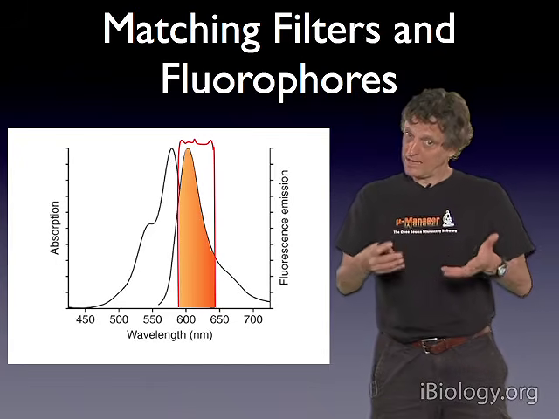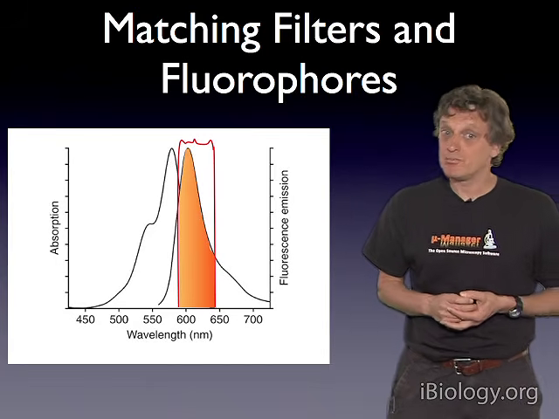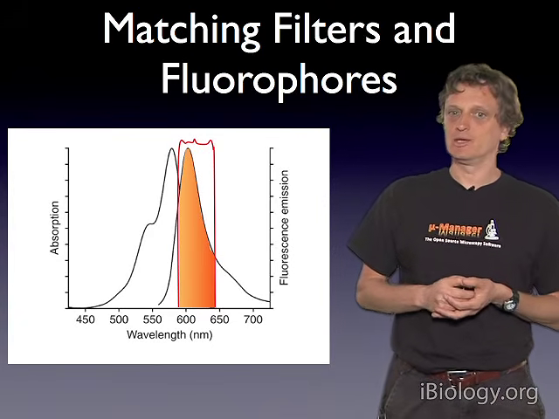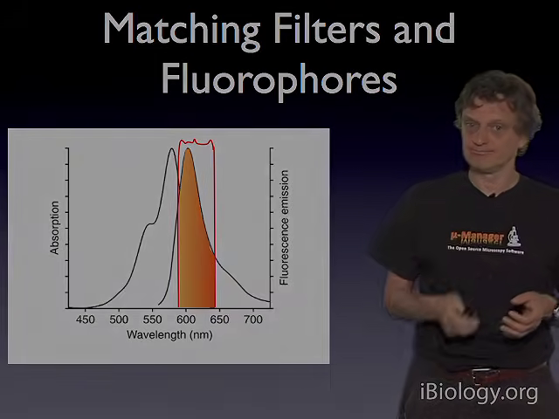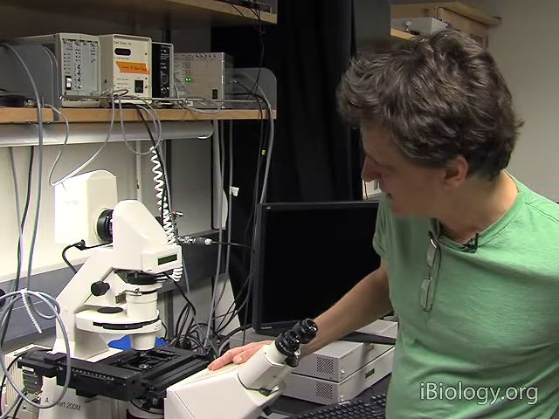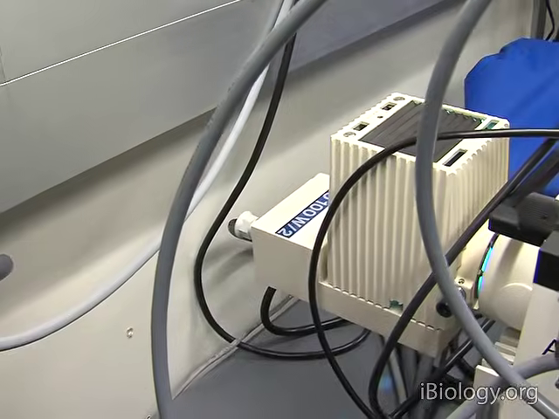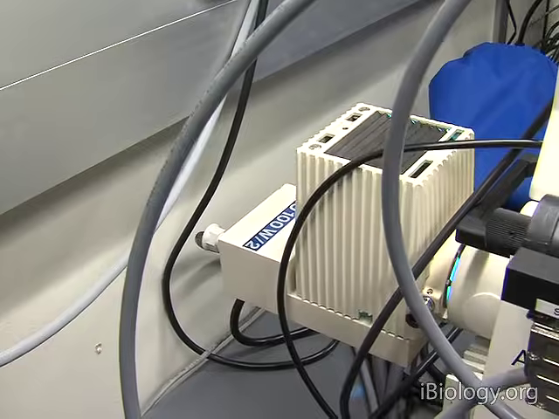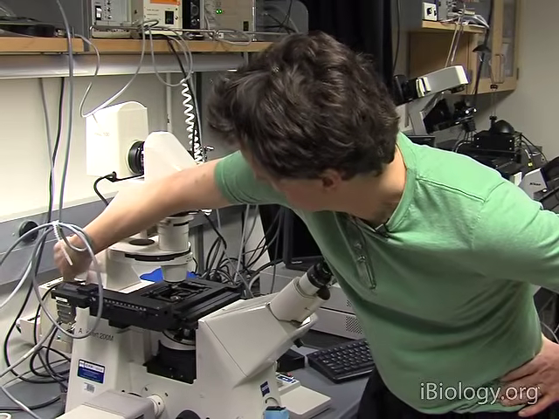Now, we'll switch to the lab and show how we're using these filter cubes to collect actual images. Here we have a real fluorescent microscope. So we have a light source back here. This is a mercury arc lamp. There's more in the tip on light sources about that.